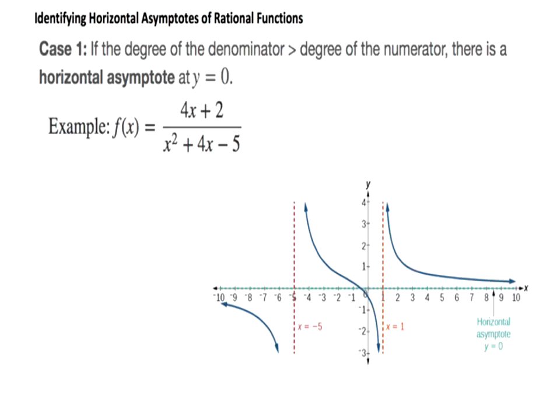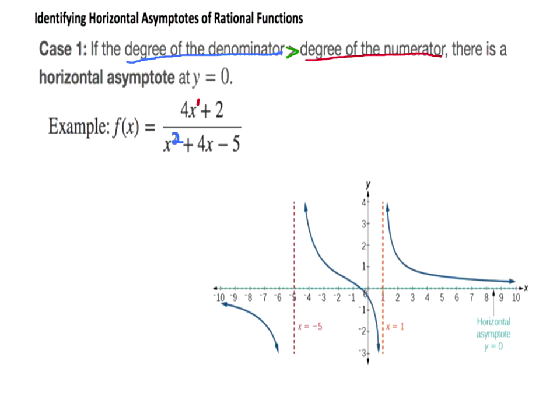And then once we get done talking about all this and intercepts, then we'll put it all together and graph a couple of them. All right, so with horizontal asymptotes, if you have the degree of the denominator, which in this example is 2, being greater than the degree of the numerator, which in this example is understood to be 1.